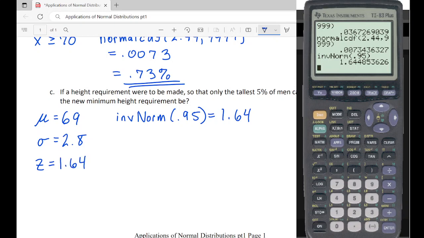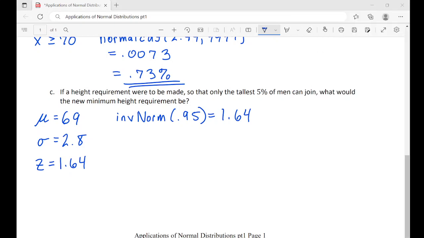And now we plug it into the z-score formula to find out what x is. So now we just go and put it in. So 1.64 equals x minus 69 over 2.8. And we're going to multiply the 2.8 over to the 1.64.